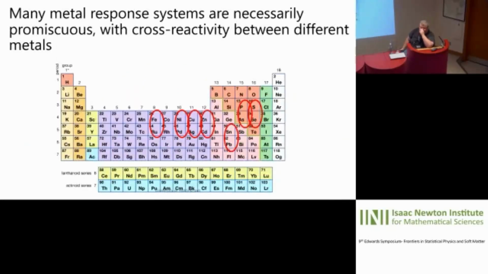There are many metal response systems within bacteria, and they seem to be, by necessity, quite promiscuous in what they do. So you'll have a system, for instance, with nickel, which also acts with palladium, copper and silver, ones I'm going to talk about quite extensively as well, but also zinc and cadmium.